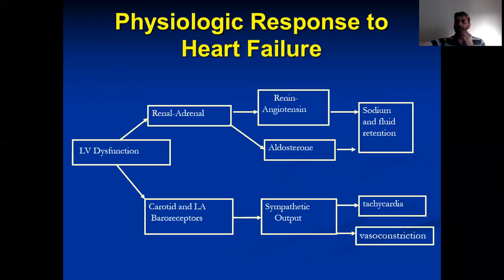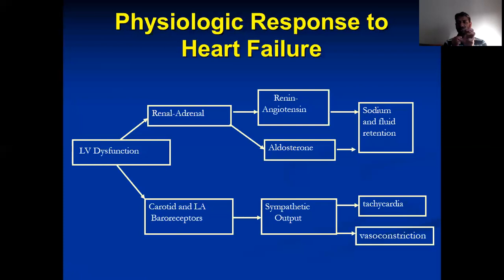The response to that hypoperfusion from the kidney, from the brain, from the sympathetic system, is renal and adrenal activation that leads to release of renin, angiotensin, and aldosterone. And similarly, the carotid and LA baroreceptors respond because of overstretching.